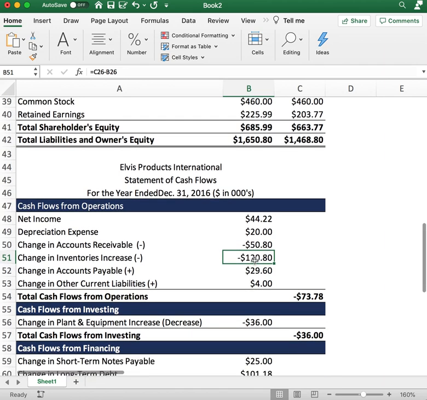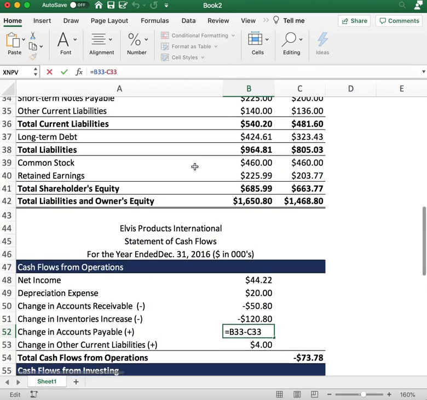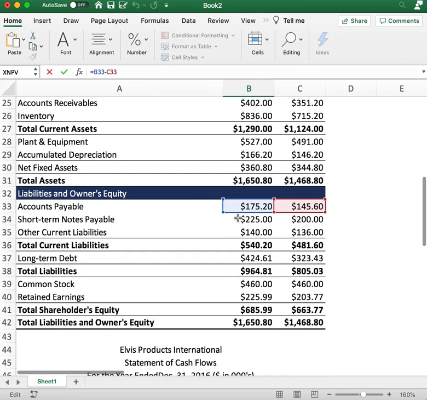All right, the next line item here is the change in accounts payable. This line item here, we want to increase. And again, you can find this on the balance sheet. So you'll notice that in 2016, there's a higher accounts payable.